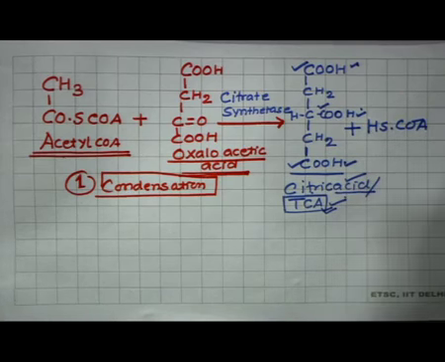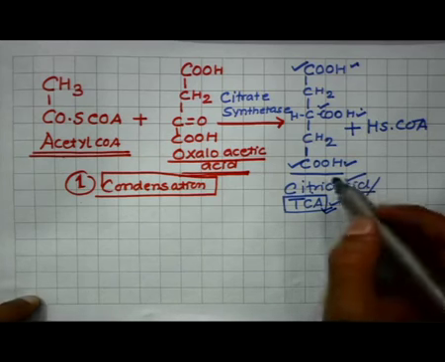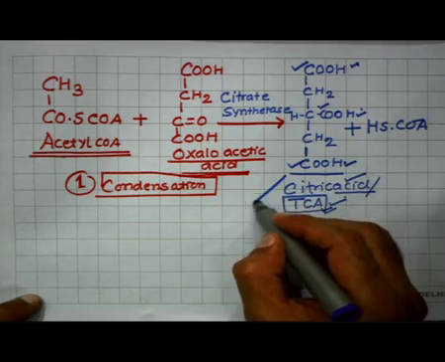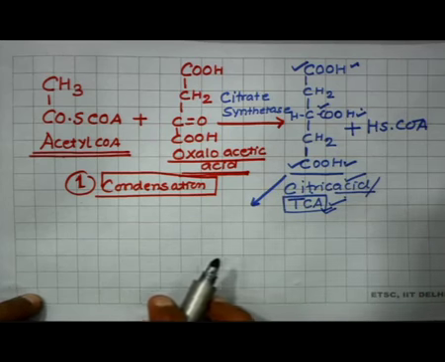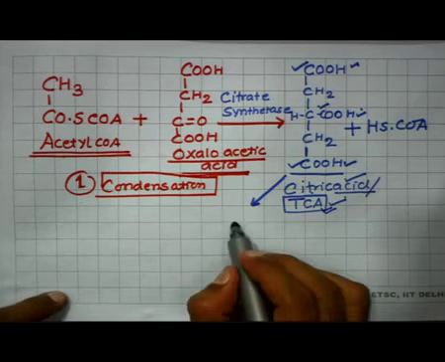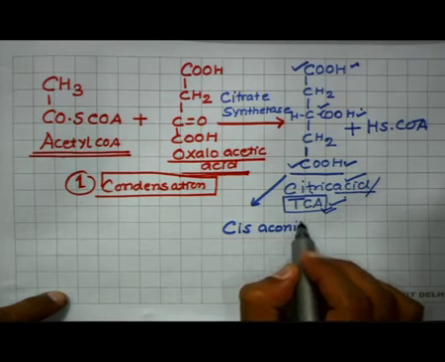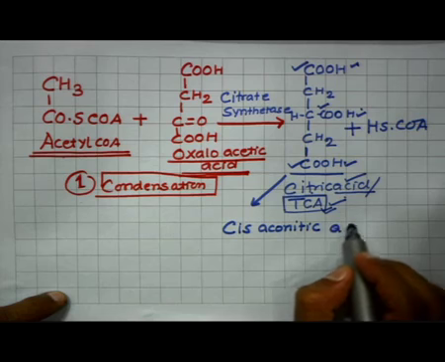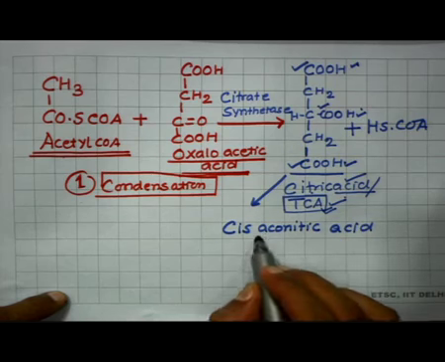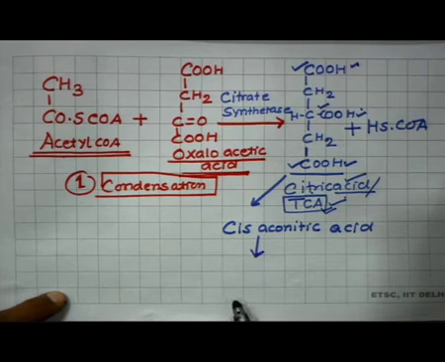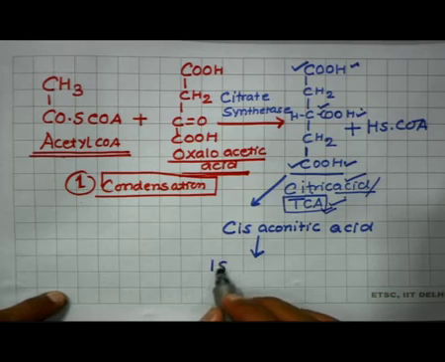Now, the next reaction is isomerization. In isomerization, what happens? This citric acid is converted into cis-aconitic acid, and cis-aconitic acid is again converted into isocitric acid.